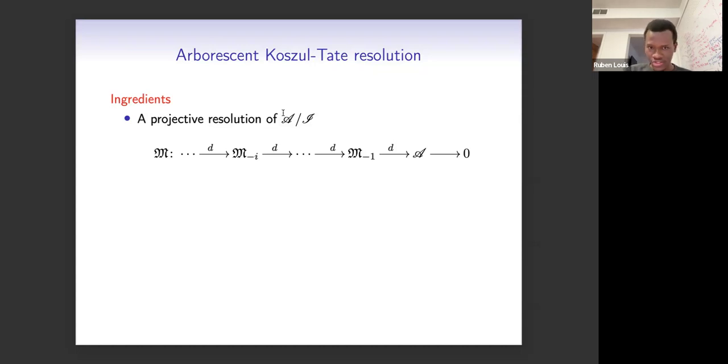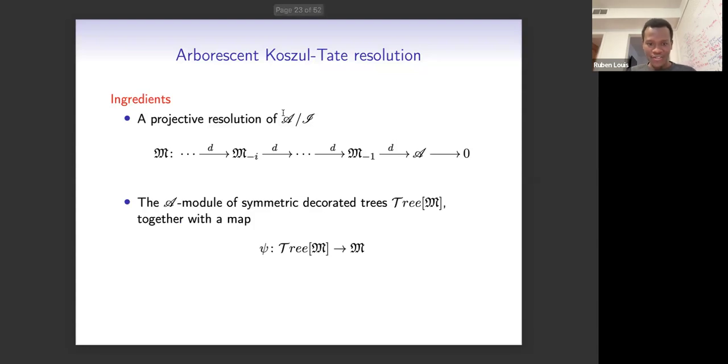The ingredients to have this Koszul-Tate resolution given by trees: you need a positive resolution. You start with a positive resolution of this quotient, because as a module it admits a resolution, so you can always have one. But this resolution is not a Koszul-Tate one because there's no algebra structure there, so it's not a DG algebra resolution. You start with this, but out of this you can build one.